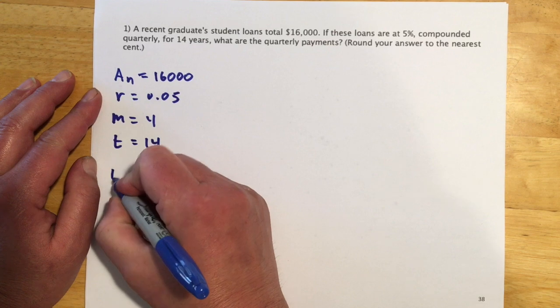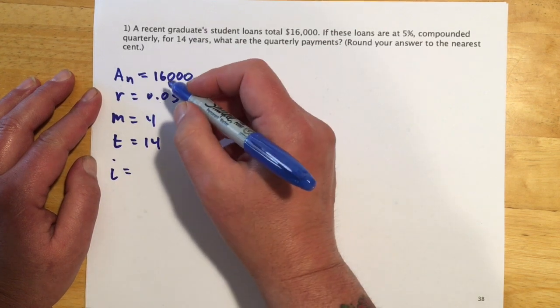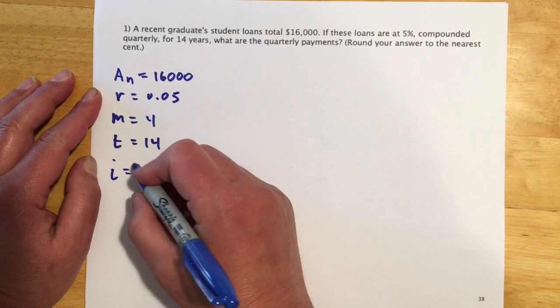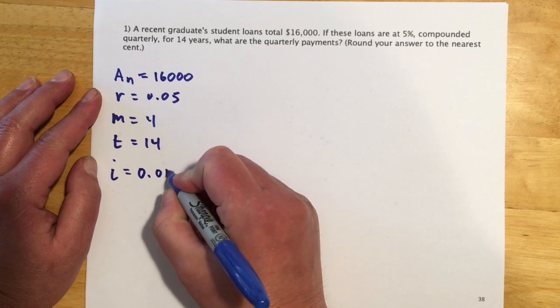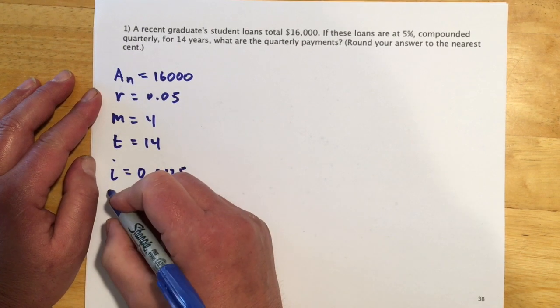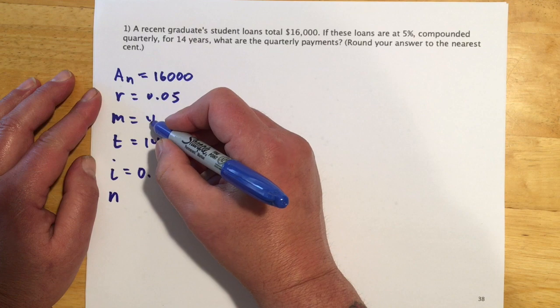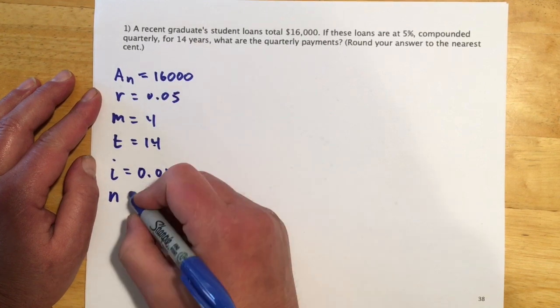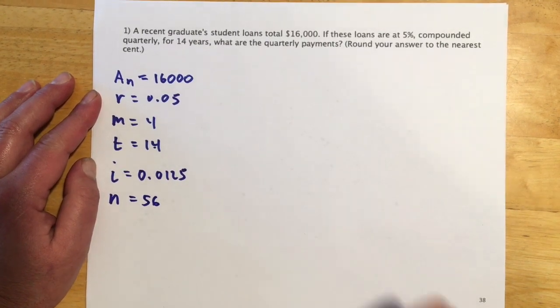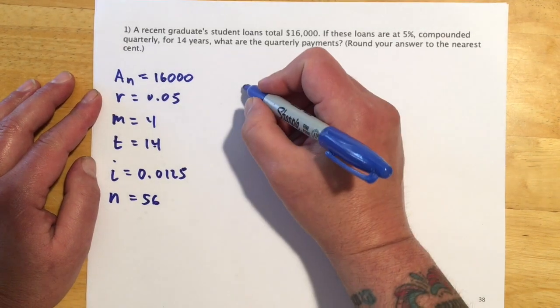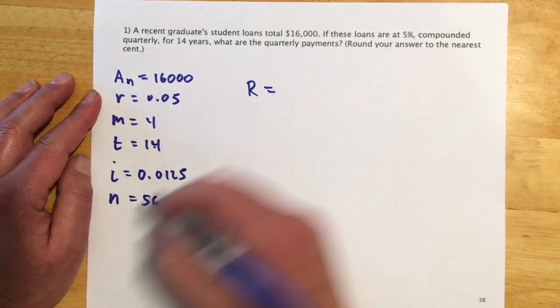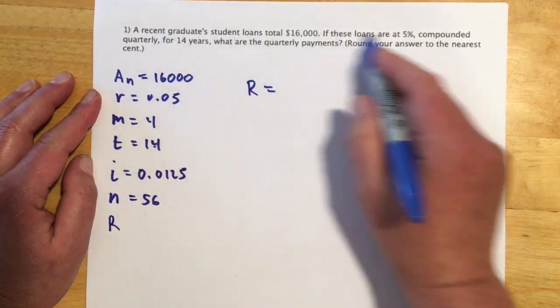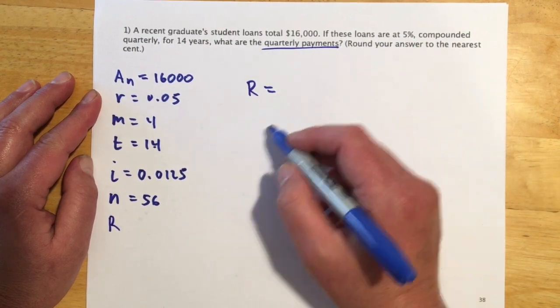And then we'll do our two calculated ones. So I, it's still rate divided by compounding periods. That's going to be 0.0125. And then N is still compounding periods times time, so that's 56. And from there, we're pretty much plugging in. So we're finding the payments. Oh, and we're finding R, because it was, what are the quarterly payments?